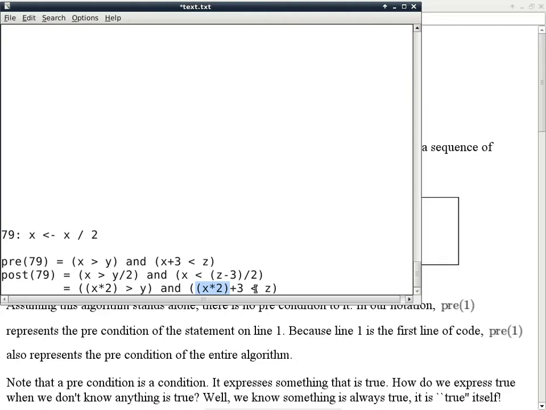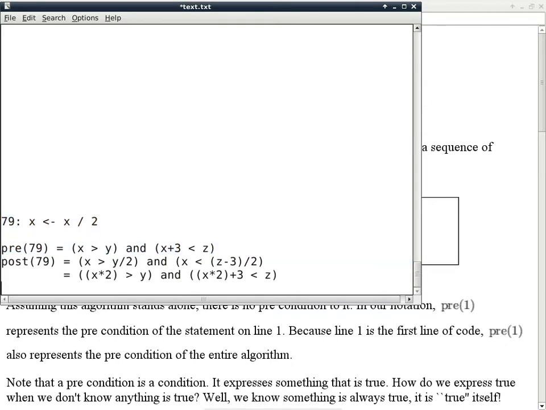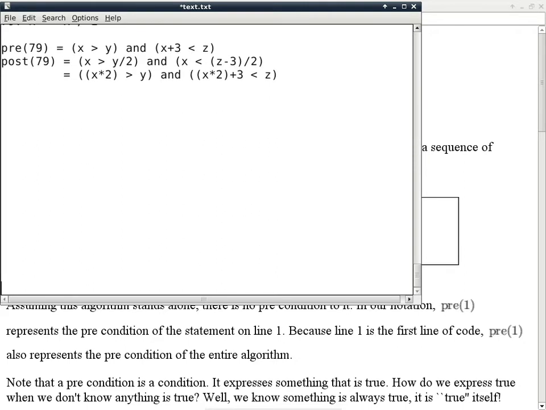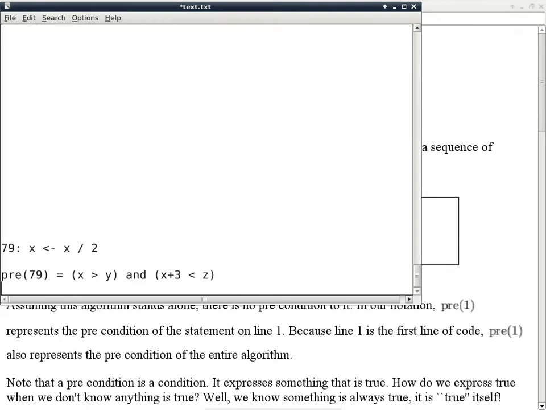Very good. All right. So let's see how we can do this again, but this time using a much more formal method. We'll scroll this off the screen so we can start from scratch again. What I would do in this case is use f of x to represent the right-hand side of line 79, the assignment statement.